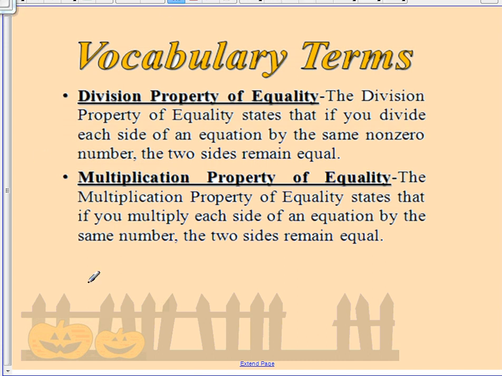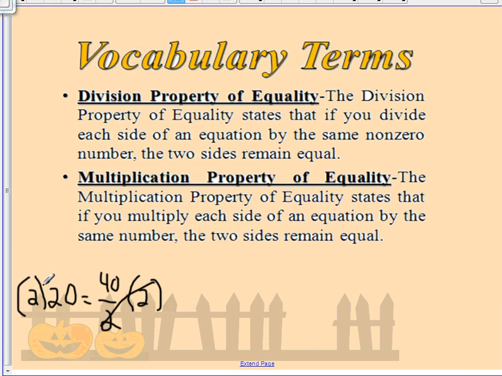let's say 20 equals 40 over 2. Okay? If I multiplied this side by 2 and this side by 2, so we knew that 20 equals 40 over 2 because 40 divided by 2 does equal 20.